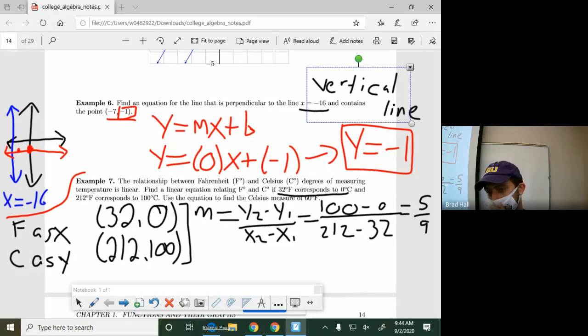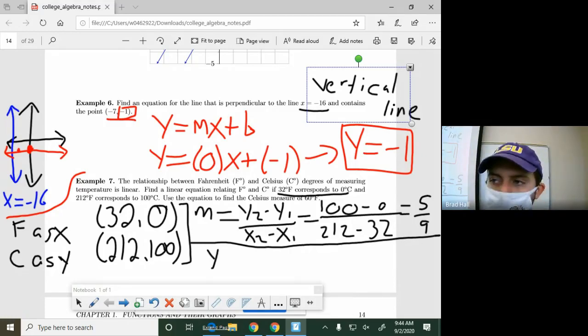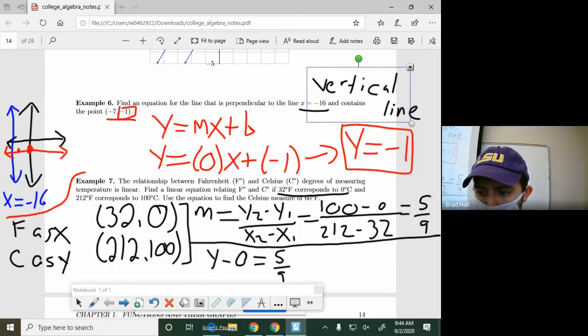We don't know the y-intercept. So we're going to use the point slope formula. And if you recall, it's y minus y1. So what is y1? We said that that's 0. It's equal to m, which we found to be 5 over 9, x minus x1, which is 32.